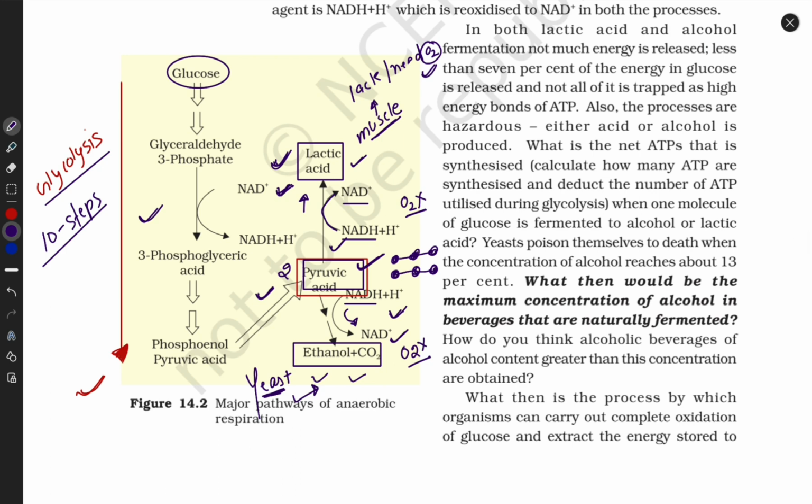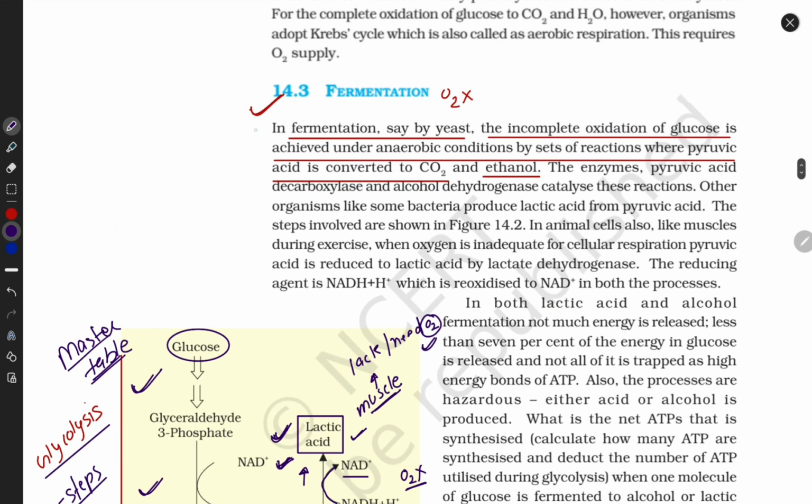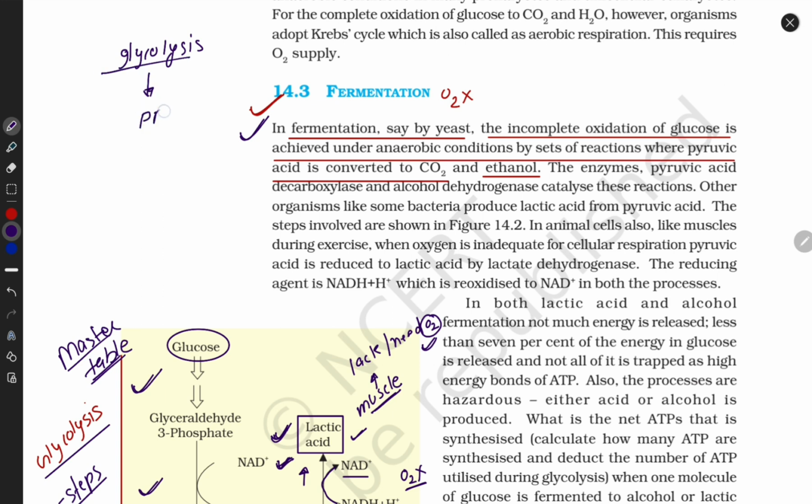Clear, guys? Very clear. So this is the master table. If you remember this table, you can elaborate the fermentation process easily. Glycolysis pathway, the end product is pyruvic acid. If they have oxygen, they can go into the TCA cycle.